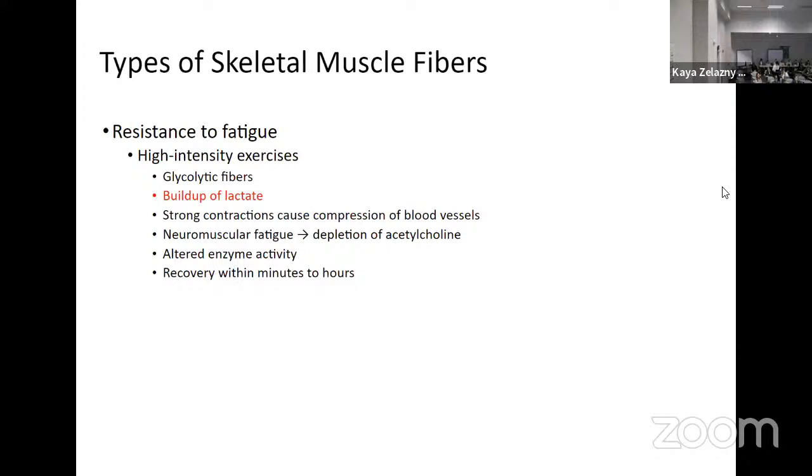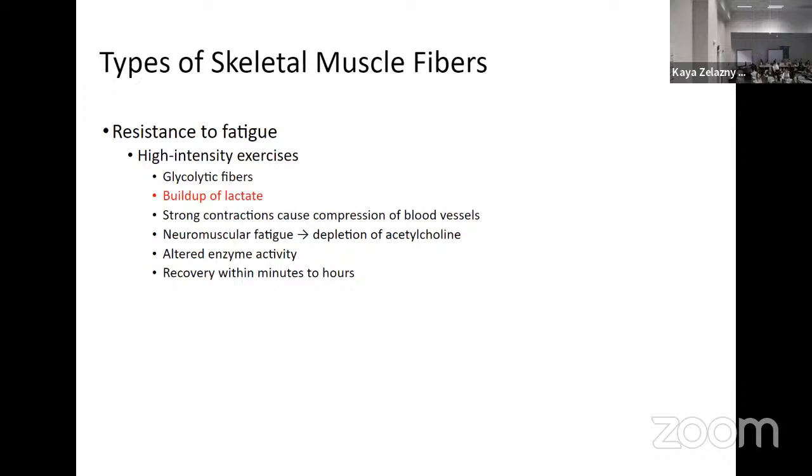Okay. So this means that we have some things going on with fatigue when we think about different types of exercises, right? If you want to exercise for a long time, you're going to want kind of efficient use of glucose to produce ATP.